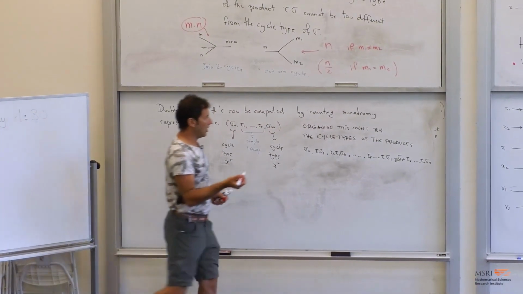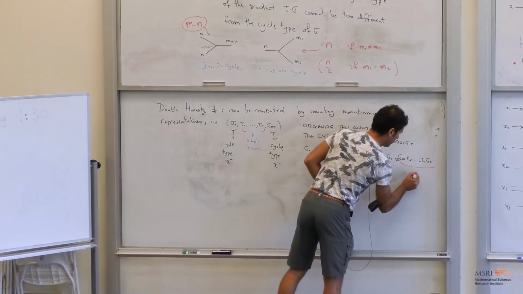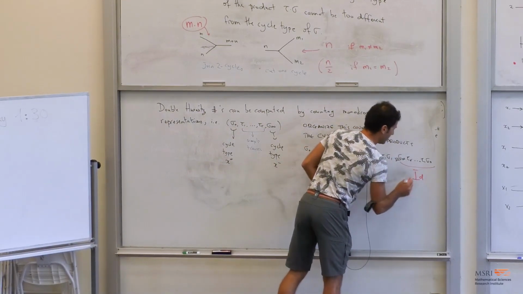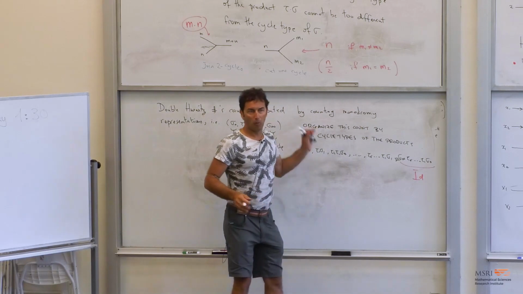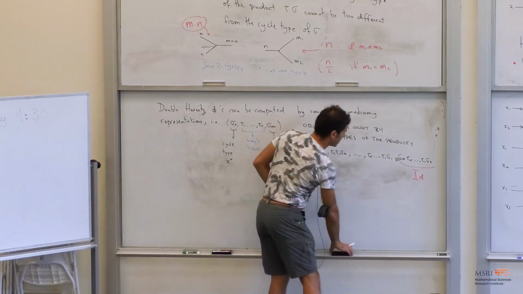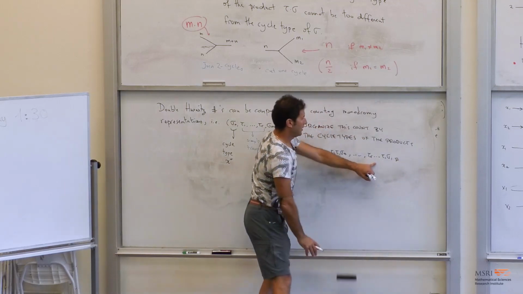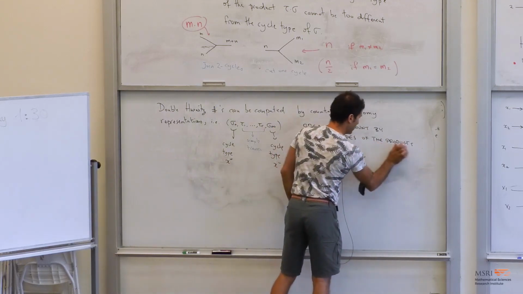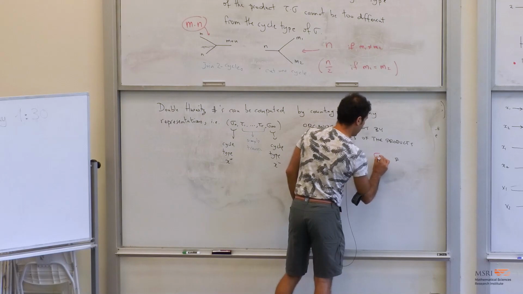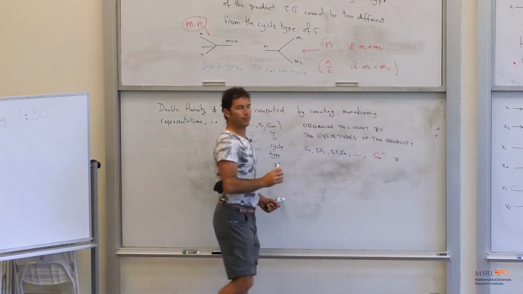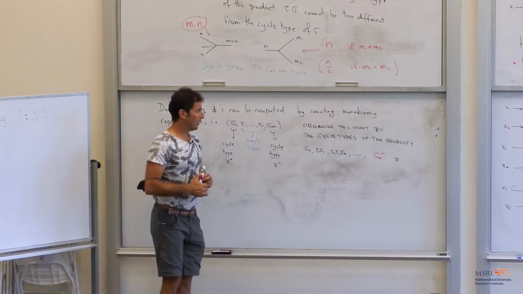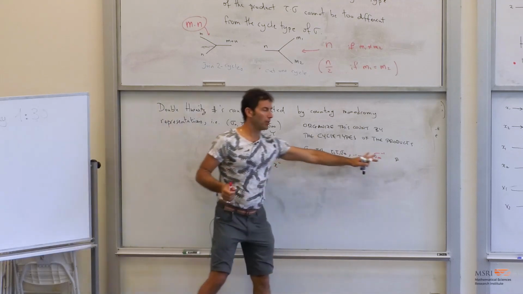And some of these things I know, because this is the identity always, so I don't really need to worry about this. This is sigma infinity inverse always, so I also don't really need to worry about this.